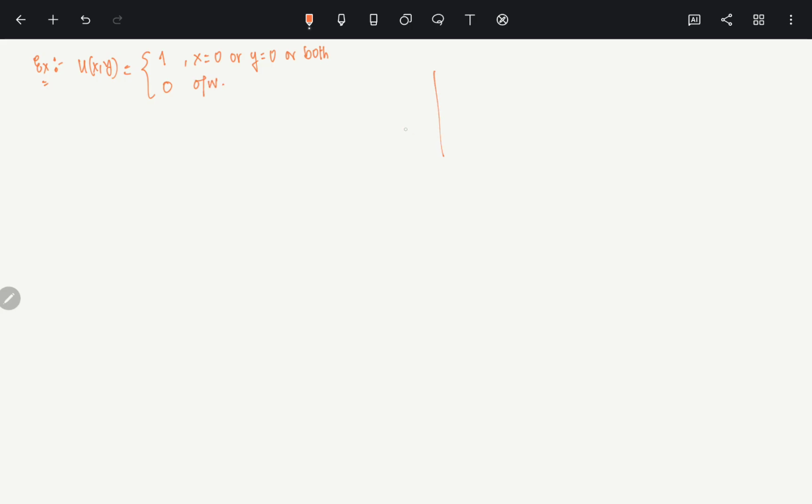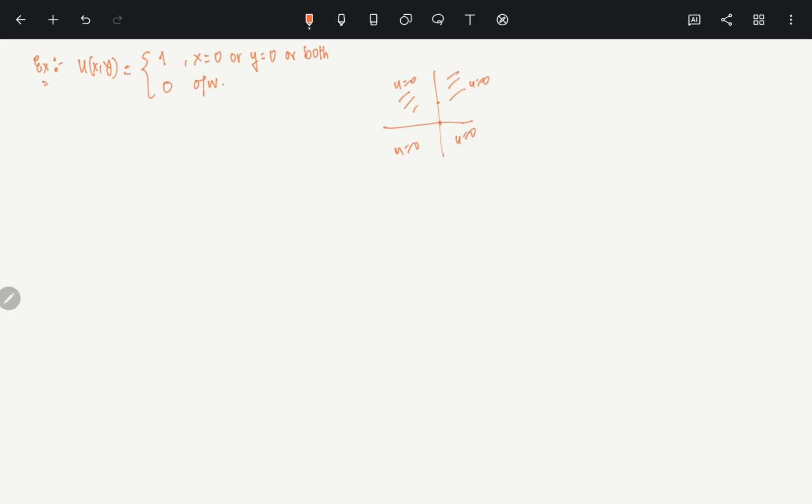What do I mean by this? If you are taking points from the axes or the origin, then u is 1, and everywhere else u is 0. Only on the axes, if you are standing on the axis, it's going to be 1.